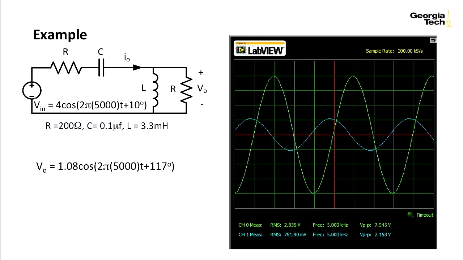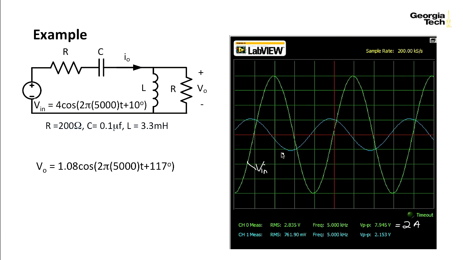I went ahead and built this circuit, and I wanted to measure it. In this case, I have a V in that looks like this, and notice right here that the amplitude is supposed to be 4, so this is 4 divisions. That's how it's set. The peak to peak is right here, measured at 8, which is 2 times the amplitude.